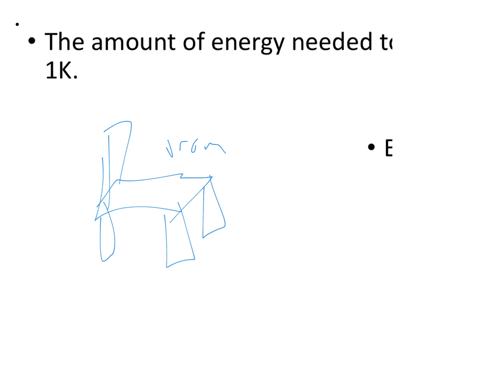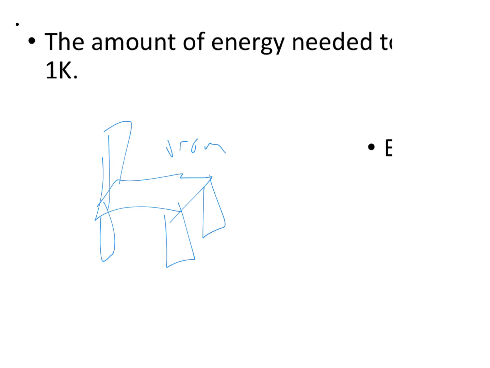I don't know why you'd want to heat the chair up, but maybe you do. You might be worried about people burning themselves on your chair if you leave it out in the sun. So you might be interested in the specific heat capacity of iron, which is the amount of energy needed to raise the temperature of 1 kilogram of iron by 1 degree Celsius or 1 degree Kelvin. Same thing because it's temperature change.